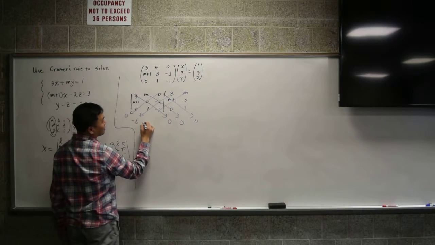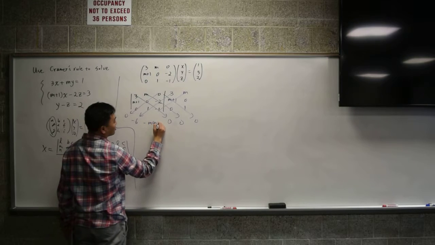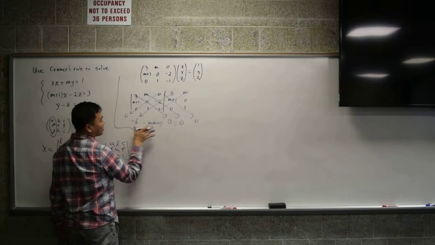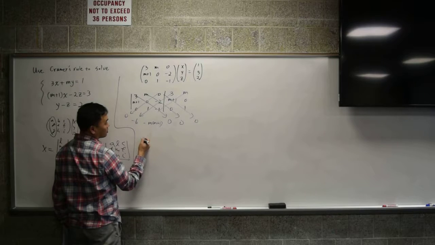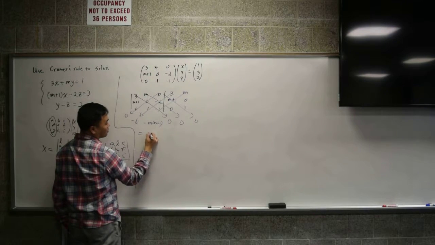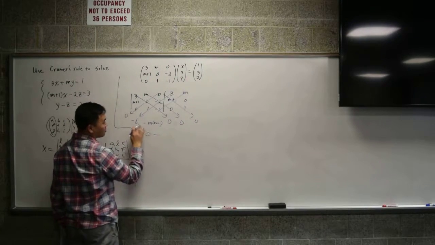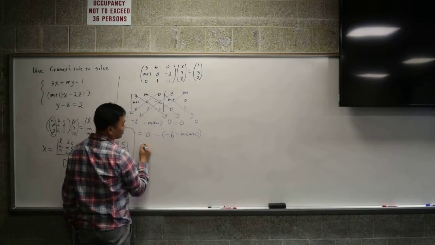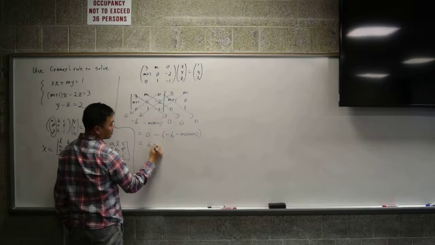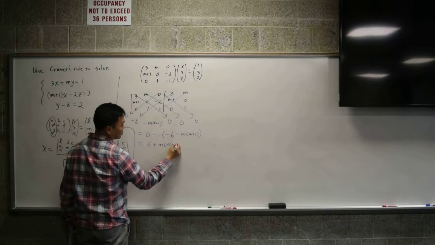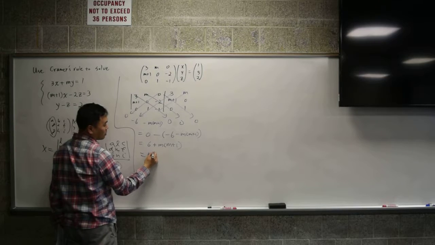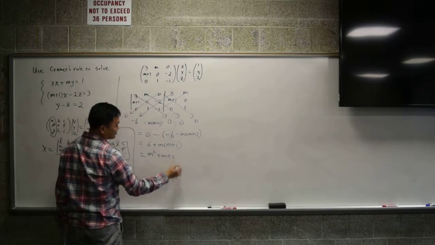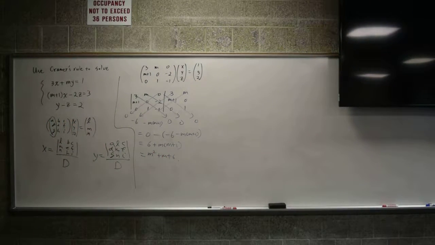That's negative m times m plus 1. And then you have to do right minus left, so you end up with 0 minus, the right is just 0, minus negative 6 minus m times m plus 1. So that becomes 6 plus m times m plus 1, which is the same as m squared plus m plus 6. So that's our determinant.